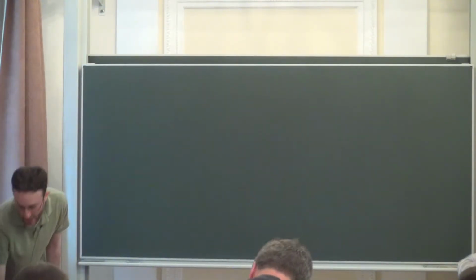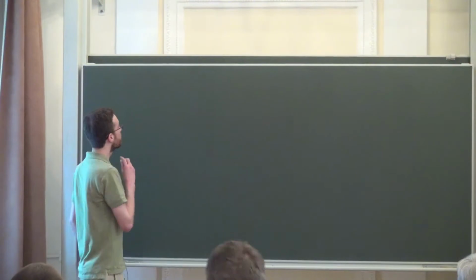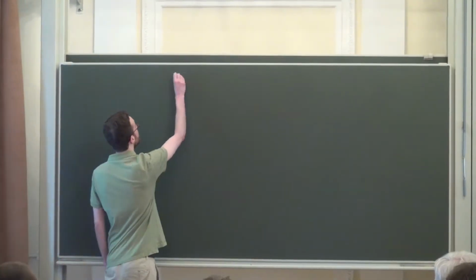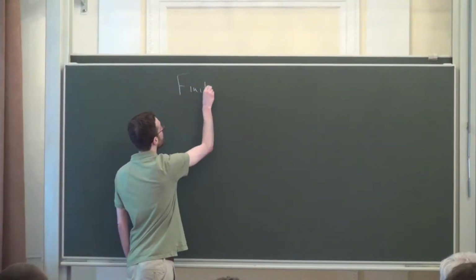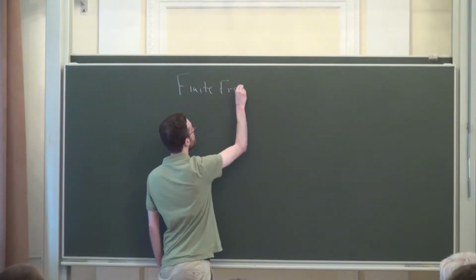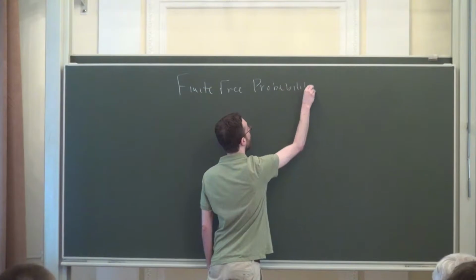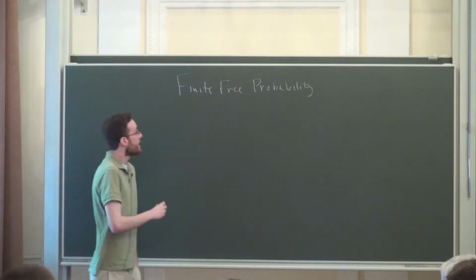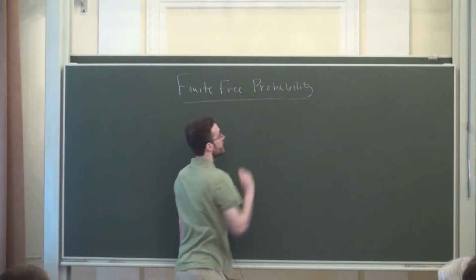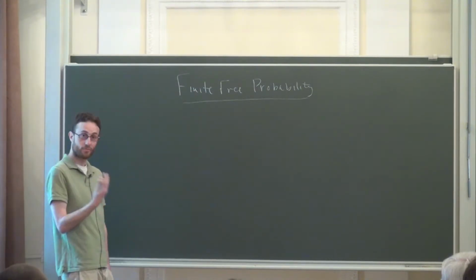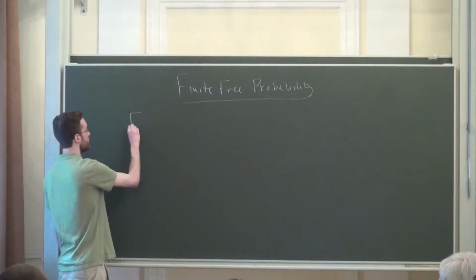OK, so the idea that I want to talk about is what we call finite free probability. And first, I should probably mention what actual free probability is, just in case you haven't seen it.